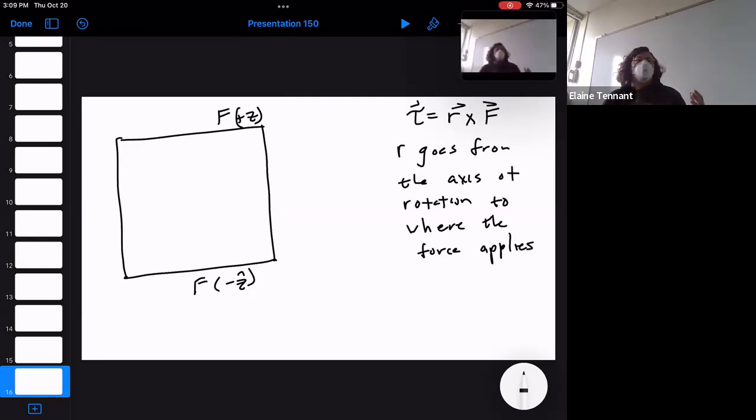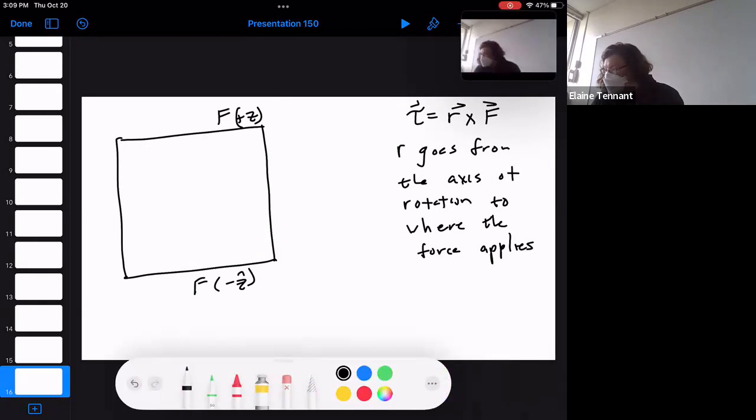We can actually make a few different choices for the axis of rotation. I'll choose one and then probably choose a different one. But for now, let me put it down the middle, because that makes a pretty easy axis to talk about. That means the radius for each of these forces goes from the axis down to where the force is applied.